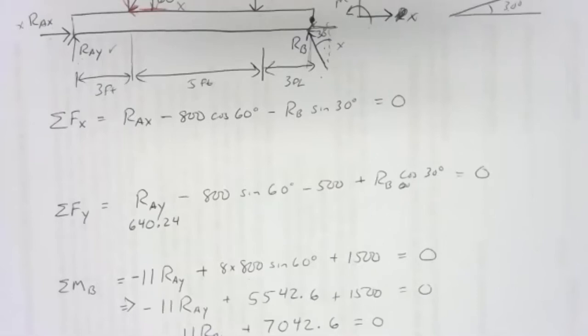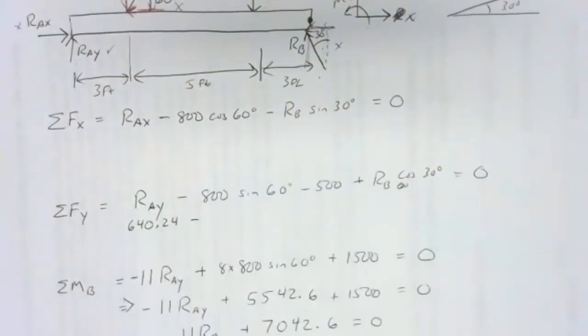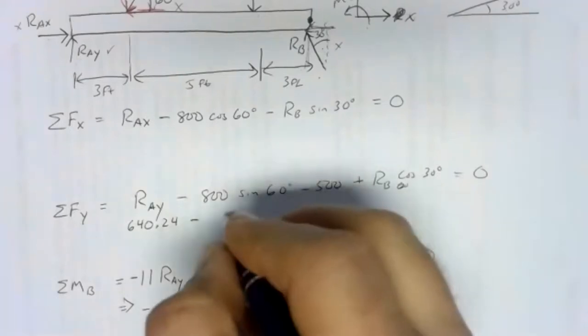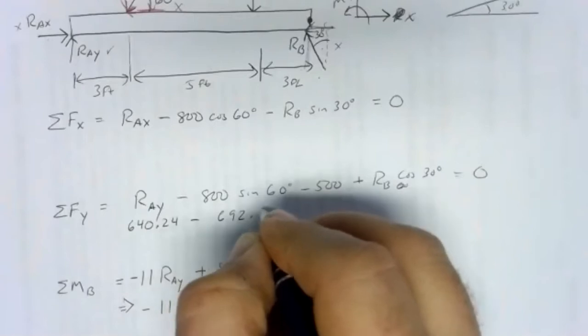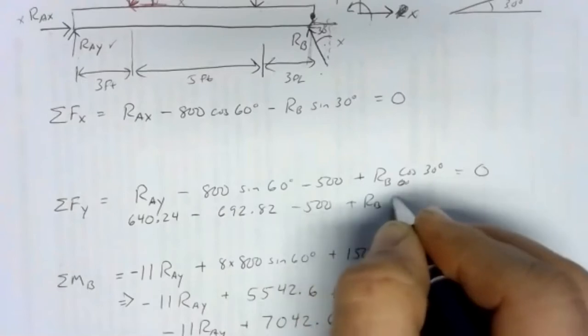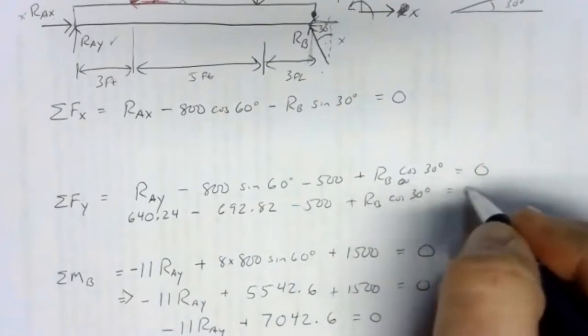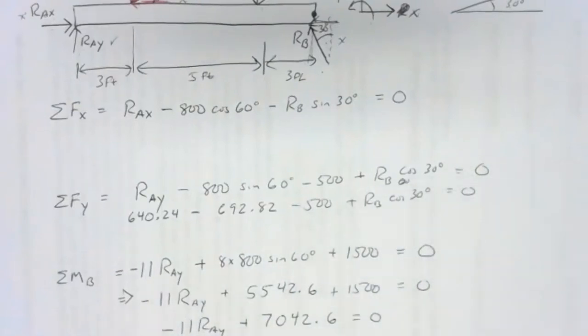So 640.24 pounds. Let's go back up to the y direction equation. 800 sine 60, we can calculate that out. That's 692.82 pounds minus 500 plus RB cosine 30. I'm going to leave that as cosine 30 for just a second, and that equals 0. If we run the numbers we have, we've got 640.24, 692.82, we're subtracting that, and we're subtracting 500.